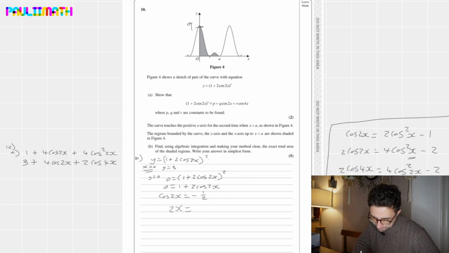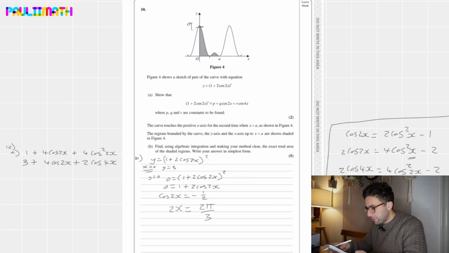Second quadrant, 60. 180 minus 60 is 120. 2 pi over 3. And what's the other one going to be? It's pi plus pi over 3. 4 pi over 3.